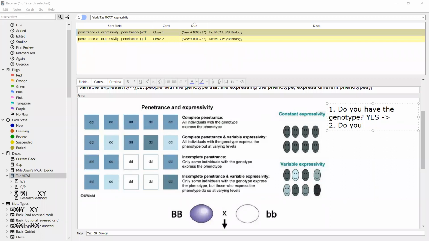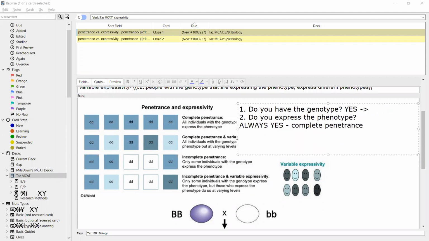Now, do you express the phenotype? If the answer is always yes, that means it's complete penetrance. If it is not always yes, then that's incomplete penetrance.